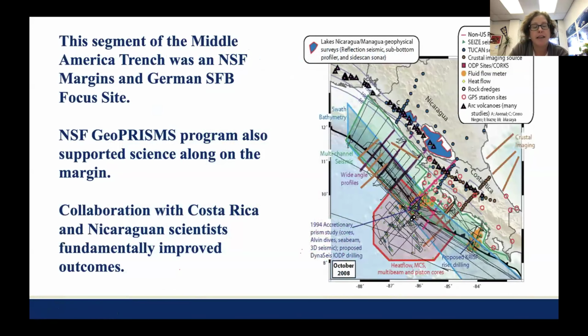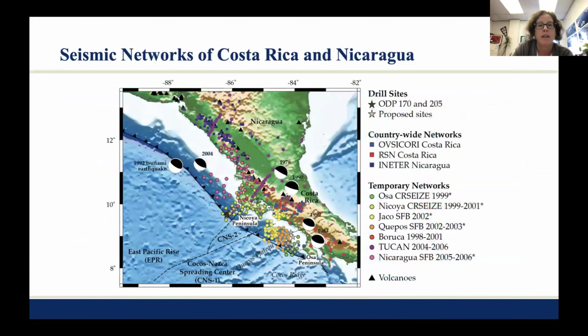Oh, and I should say, none of this work would have been possible without significant collaborations by both Costa Rican and Nicaraguan scientists. All right, so this is just focusing on the seismic networks of Costa Rica and Nicaragua, as captured again in the early 2000 time period.